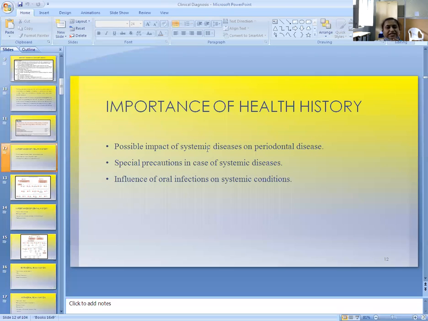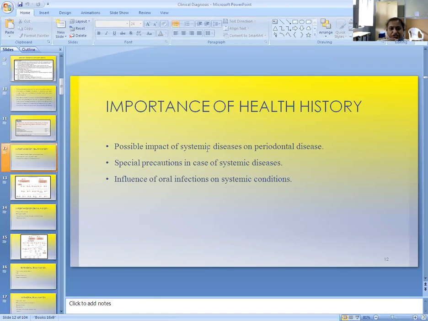So, what is the significance of all this medical history? That is the possible impact of systemic diseases on periodontal disease. Then special precautions you have to take if the patient has a systemic disease, like a bleeding disorder, or any infectious disease, then you have to take more PPE kit and precautionary measures.